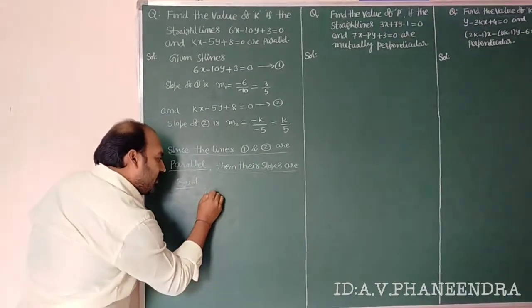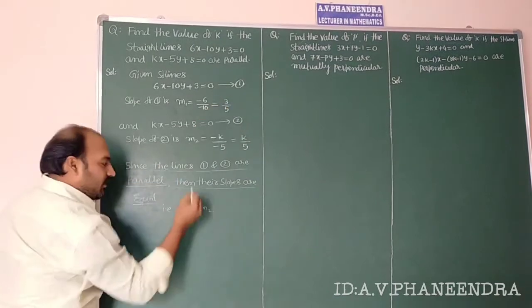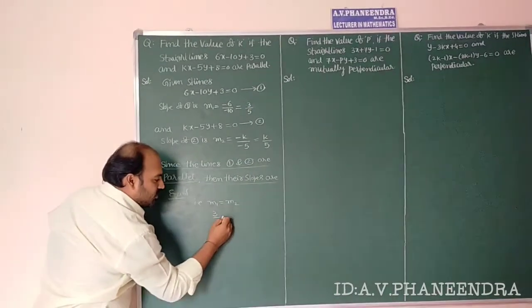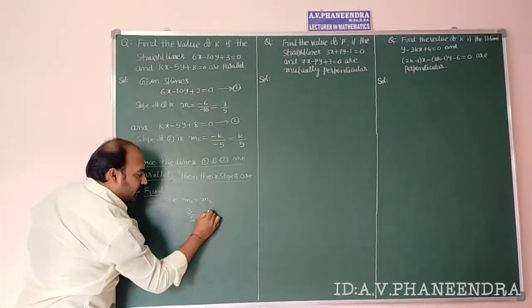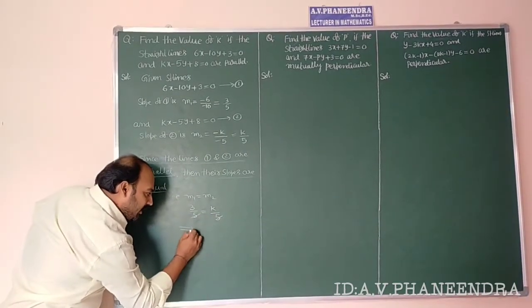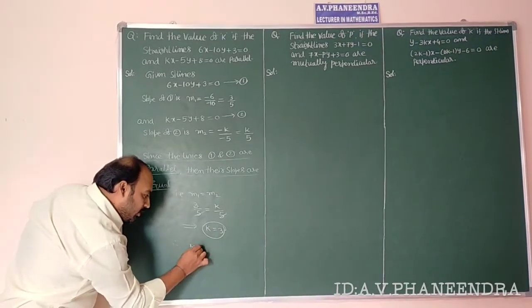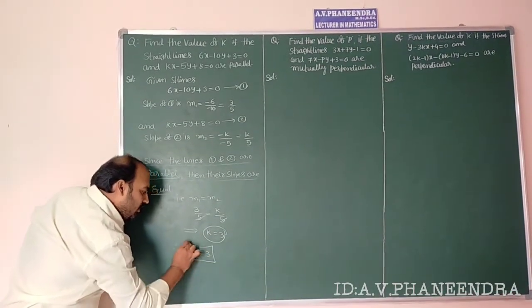That is m1 equal to m2. What is m1 value? 3 by 5, which is equal to m2, k by 5. Both sides 5 get cancelled. That implies k is equal to 3. Therefore, the value of k equal to 3.